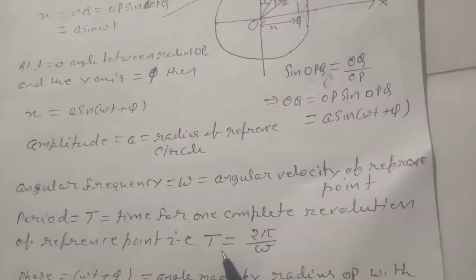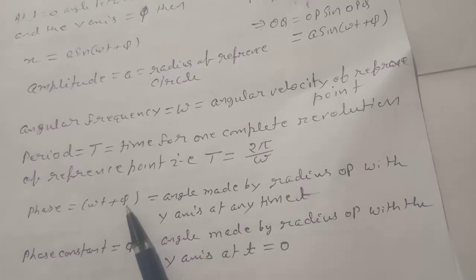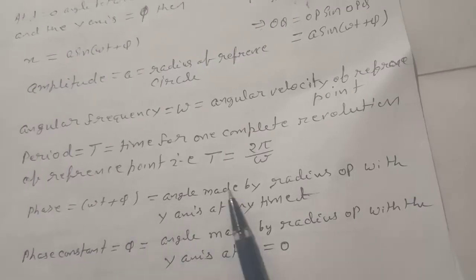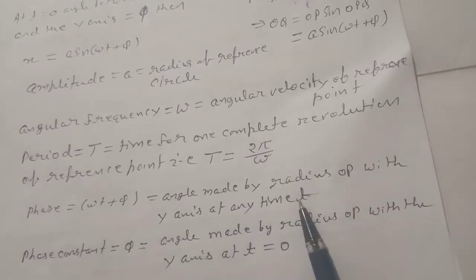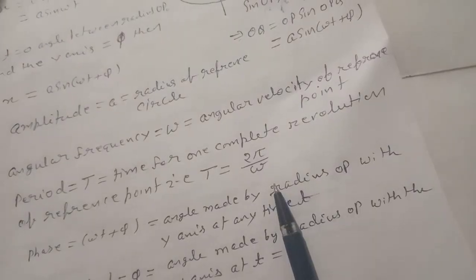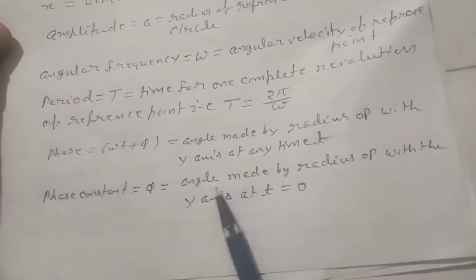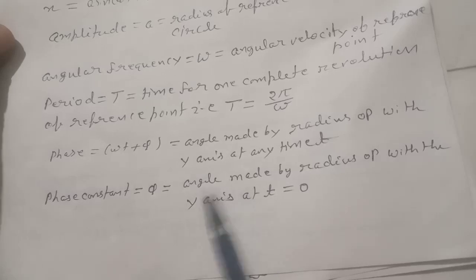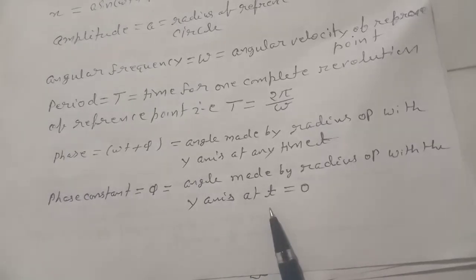Again, the phase omega t plus phi of the SHM is the angle which the radius OP makes with the y-axis at any time t, and the phase constant phi equals the angle made by the radius OP with the y-axis at t equals 0.